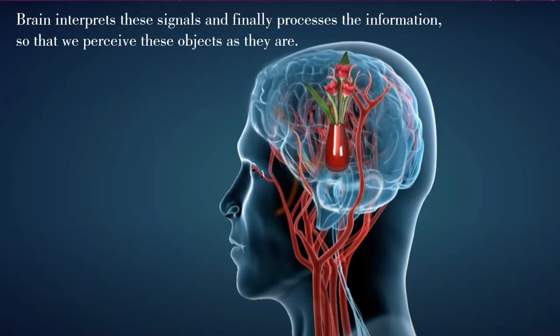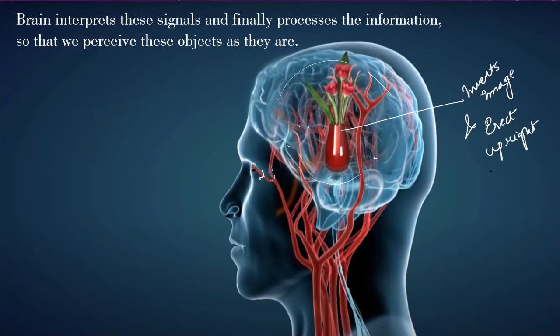When these light sensitive cells send electrical signals, the brain perceives these signals and itself inverts the images again. When it inverts the images, we can see erect or upright images and perceive them just the way they are. Understood? Of the same size, same shape, same color, right? So this is the beauty of our brain.